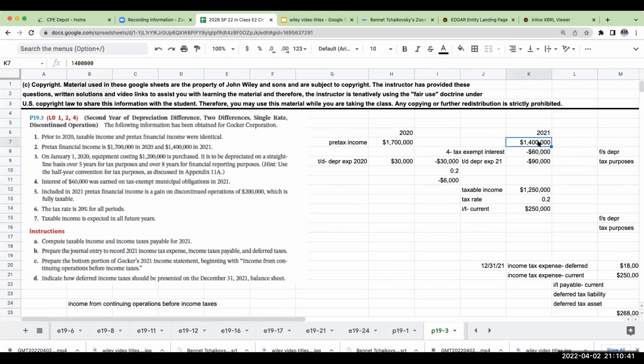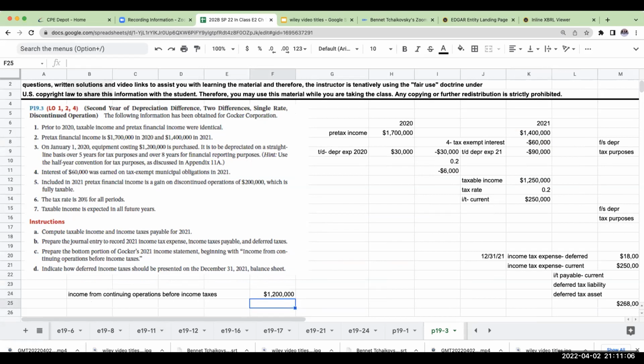Well, that amount is not going to be 1.4 million. Why? Because included in the 2021 pre-tax financial income is a gain on discontinued operations, which is fully taxable. So what I'm going to do here is my income from continuing operations before income taxes is going to be 1.4 million minus 200,000.